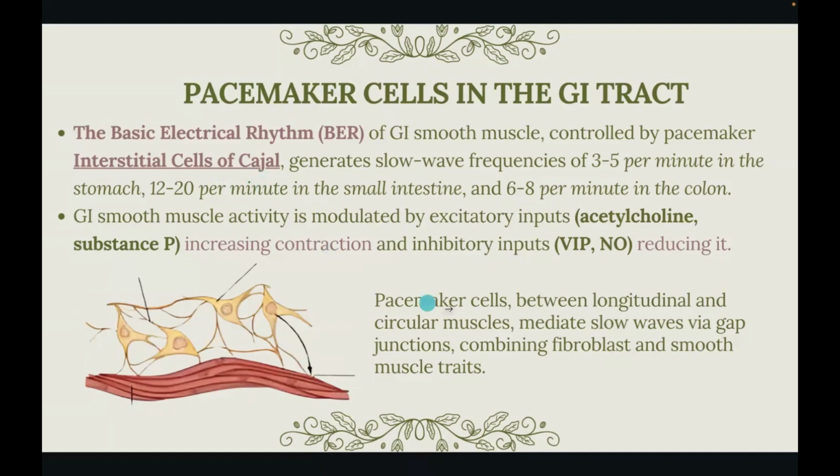And if the higher brain center decides we don't want more contraction, because every contraction has a relaxation, it's going to release VIP and NO, which travel up to the Cajal cell, and once it receives them, it reduces the contraction or relaxes. Does that make sense?